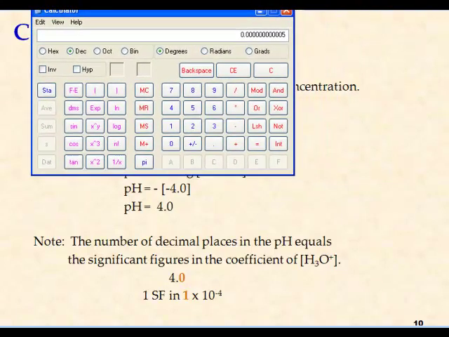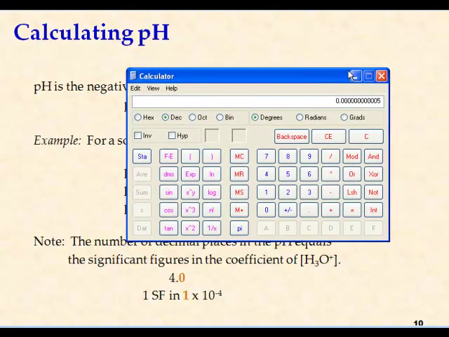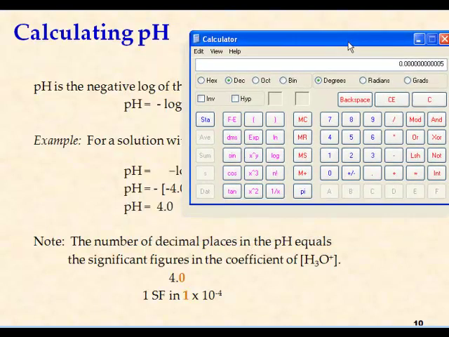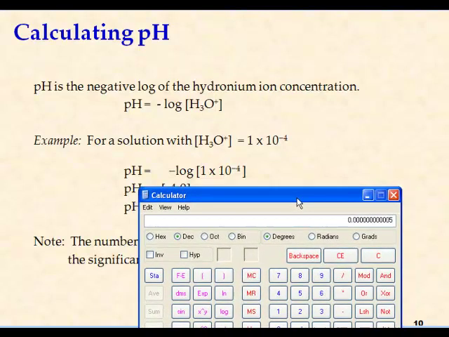I don't think you are able to see the whole thing, so I'm going to put it over here in the center so you can see. The first thing you want to look for is the log key, which is here. We have negative log of 1 × 10^-14.